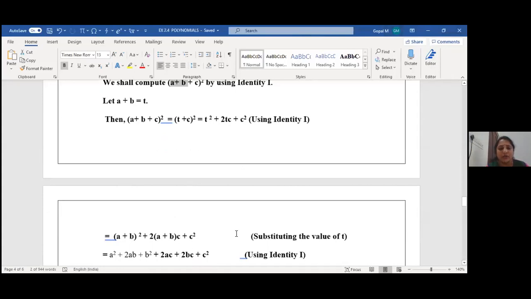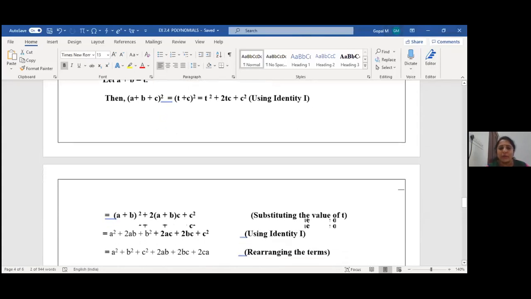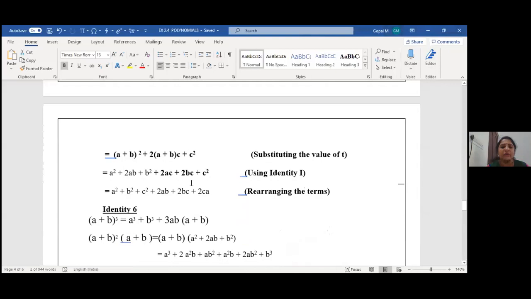I just substituted the value of t. Now again (a plus b) whole square I got, so I'll write the identity a square plus 2ab plus b square. And here, 2c into a, 2ac, 2c into b, 2bc, plus c square. Am I clear this step?